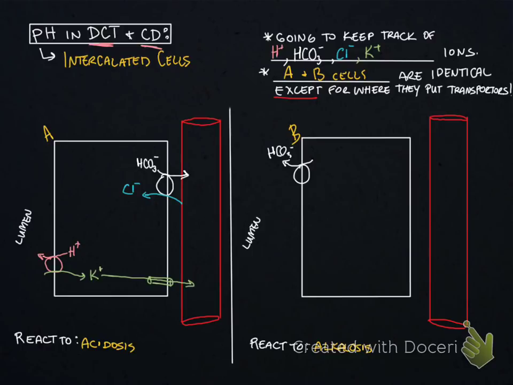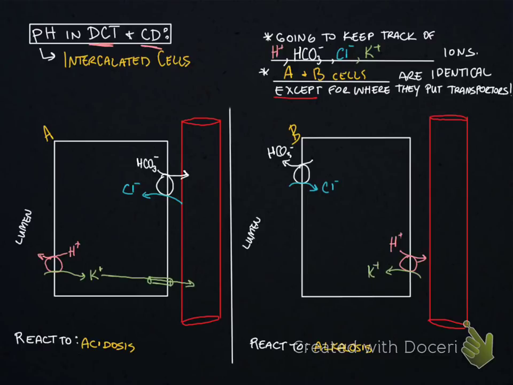Because by doing so, then what is going to come in? Chloride ions. And then on the interstitial edge, that's close to the blood, who's going to be added into the blood eventually, reabsorbed into the blood? Hydrogen ions in exchange for potassium.